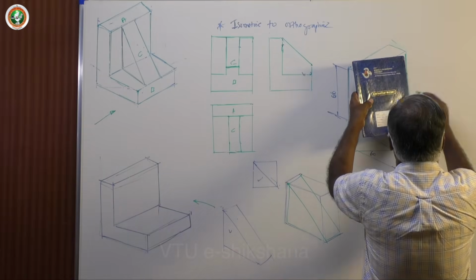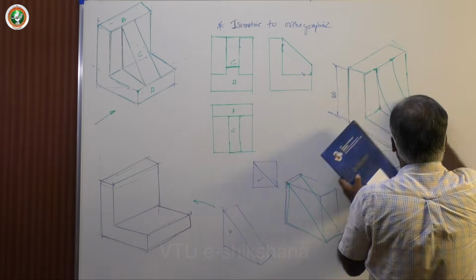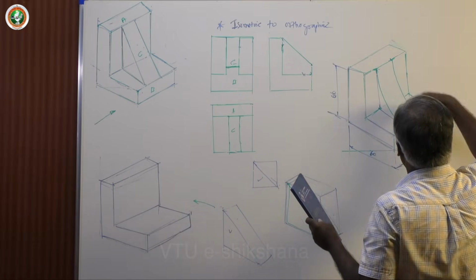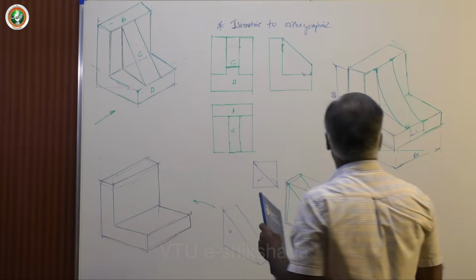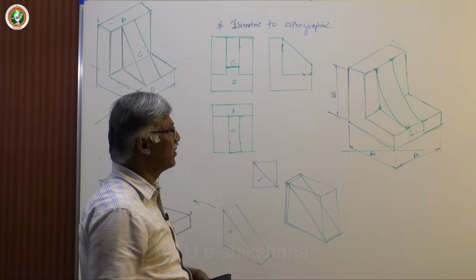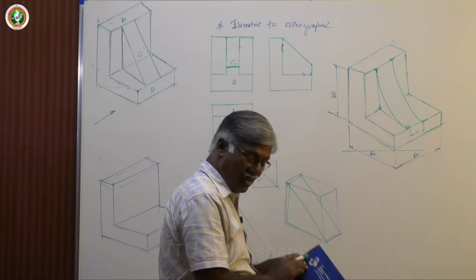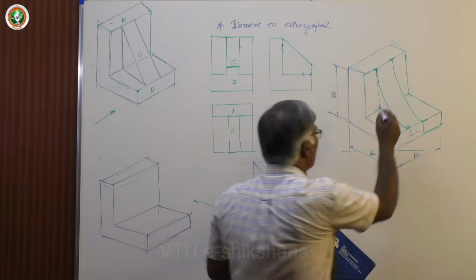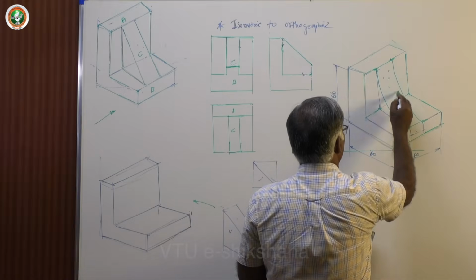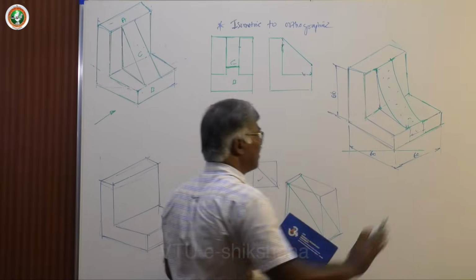What best we can do is have a radius of particular value, and then have a center and draw 2 arcs just for visualization. And this is a curved slope following some particular polynomial. Now this is just for visual explanation purpose, I make this dotted. This surface is a curved surface.